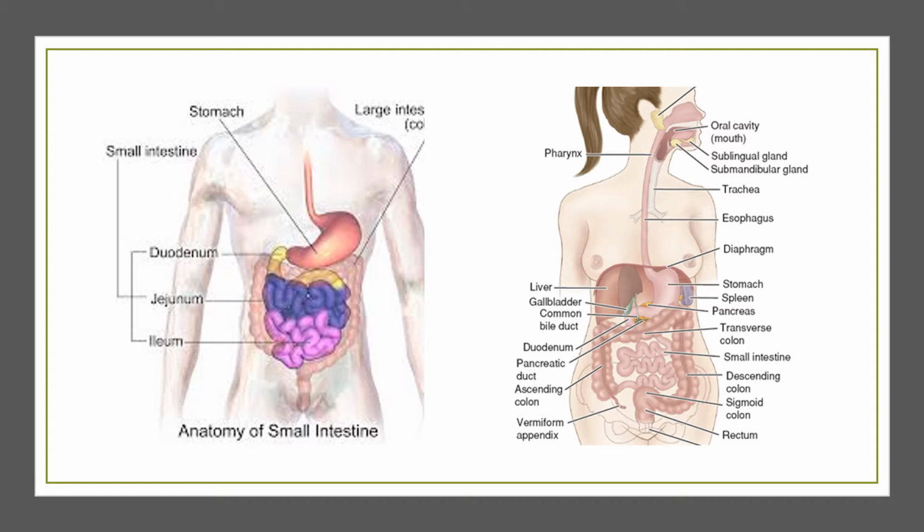So when you have distal ileum disease from Crohn's disease, you're unable to absorb vitamin B12, and you can develop megaloblastic anemia from Crohn's disease causing distal ileum disease. Okay.